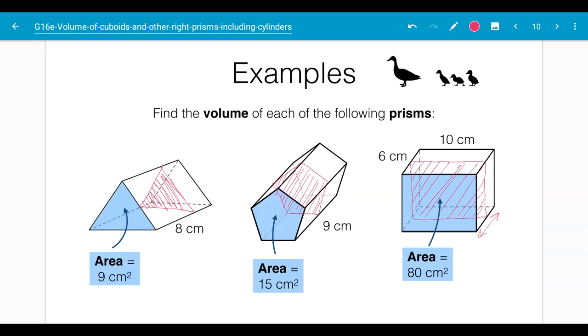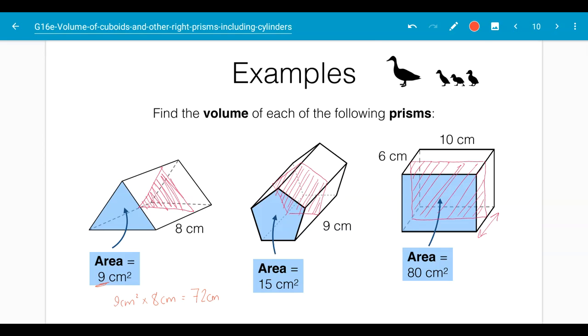And the way we find volumes then is we just have to find the area of this cross section, which is given in each of these examples, and then multiply it by the length of the prism. So here, the triangular prism has a cross-sectional area of 9 centimeters squared. We multiply that by our 8 centimeters, and we get 72 centimeters.